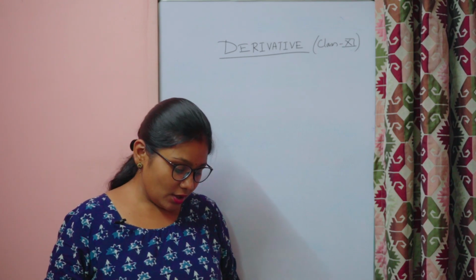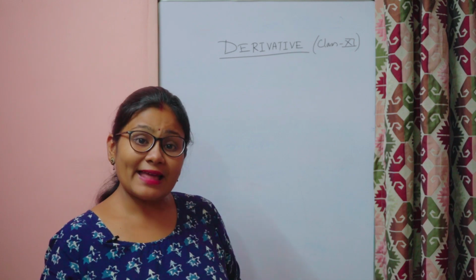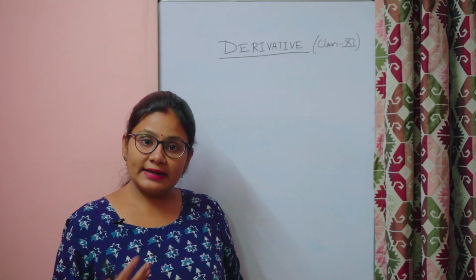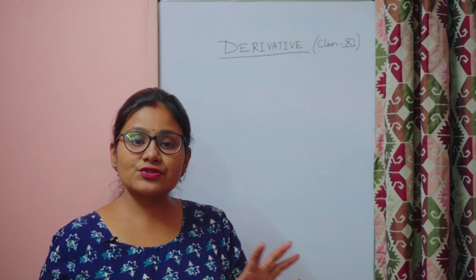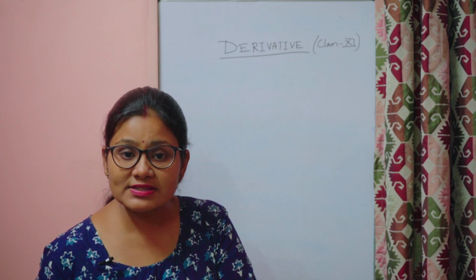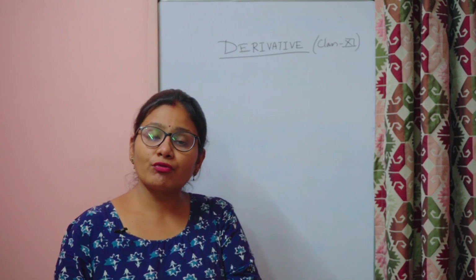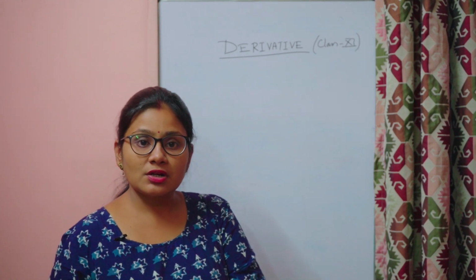Or you can say that when the rate of change is measured by a quantity, that is known as derivative or differential coefficient. Means differentiation deals with the rate of change of dependent variables.